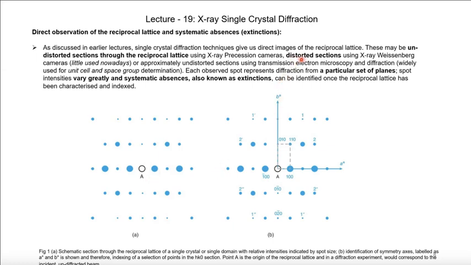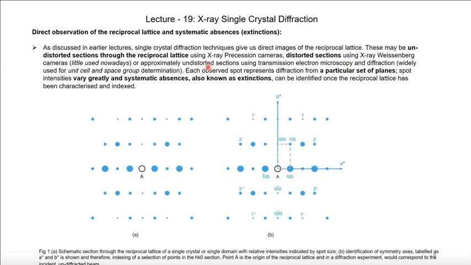we take distorted sections using the Weissenberg camera, if you remember, and undistorted sections, which are generally recorded by a precision camera, or another diffraction technique, that is transmission electron microscopy and diffraction, which is widely used for unit cell and space group determination nowadays.